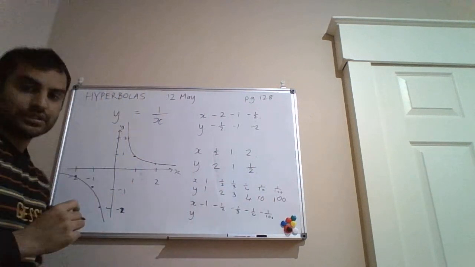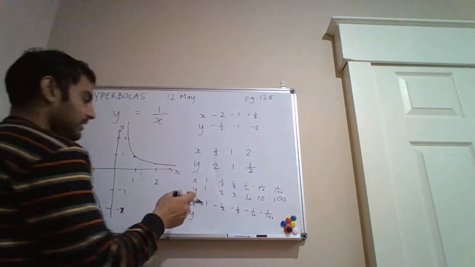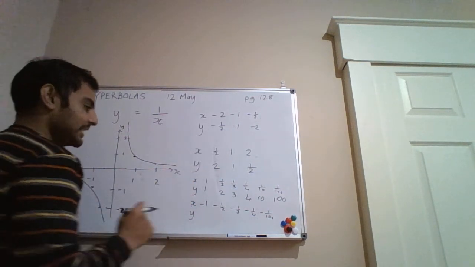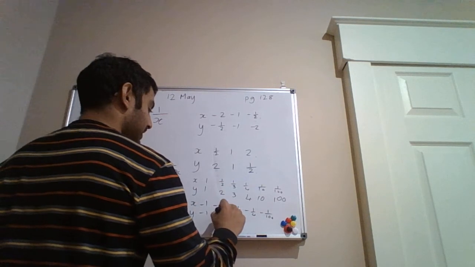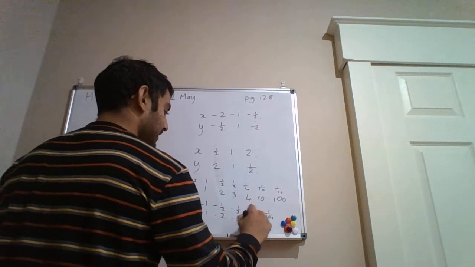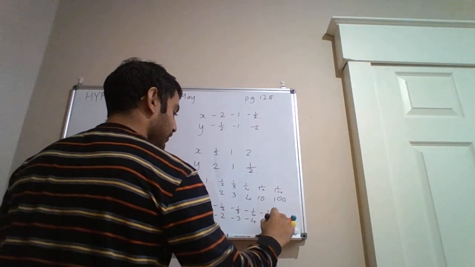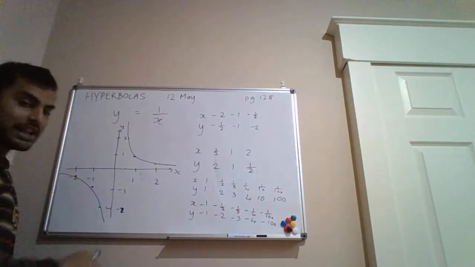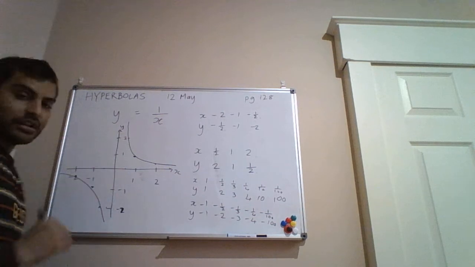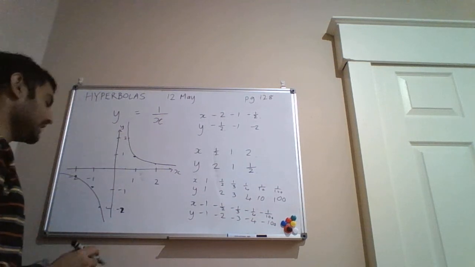Let's see what happens to the y value. Well, it's exactly the same, it's just that our sign becomes negative. So it's negative 1, negative 2, negative 3, negative 4, negative 100. So y becomes a very big negative number as we get closer to 0 from the left-hand side.